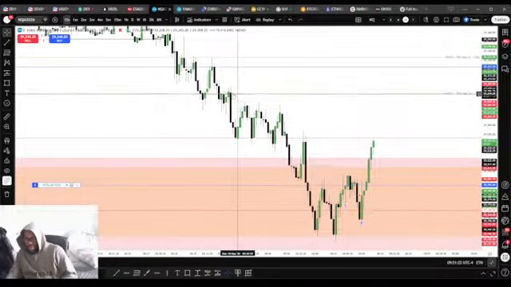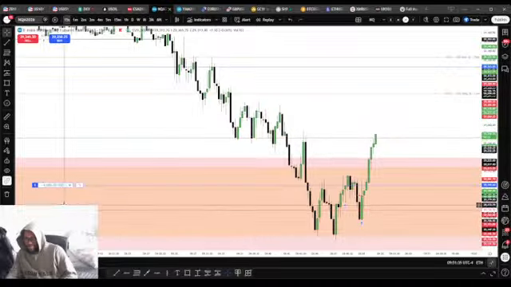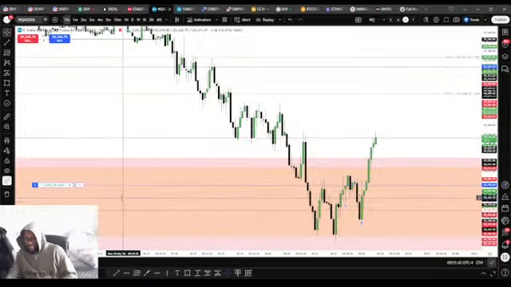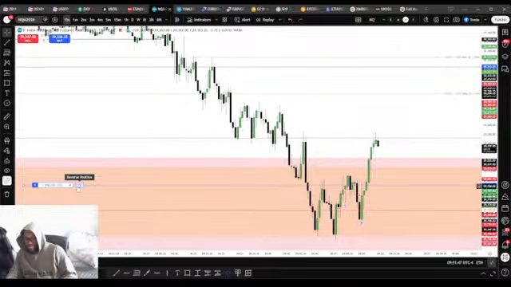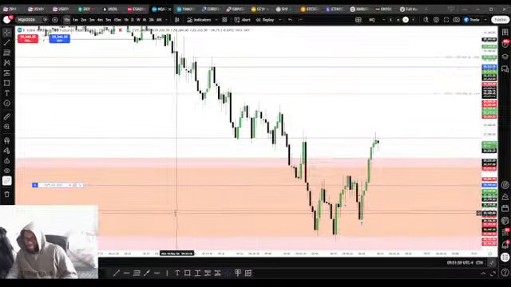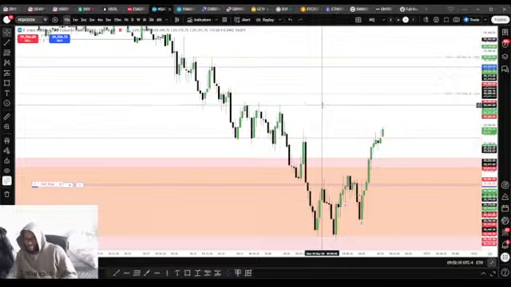People here have their stop losses resting in these areas. I'm looking at these highs here.